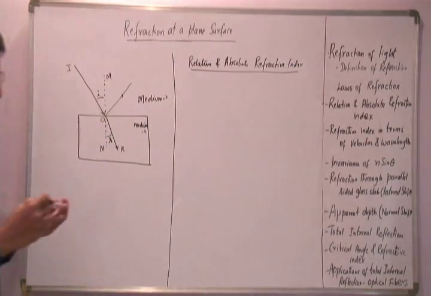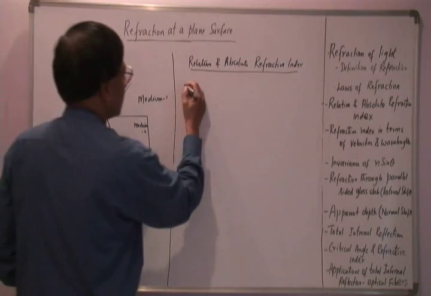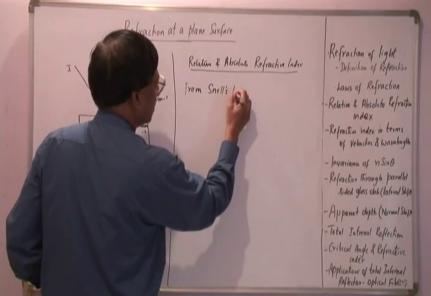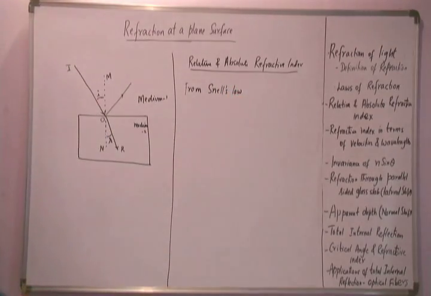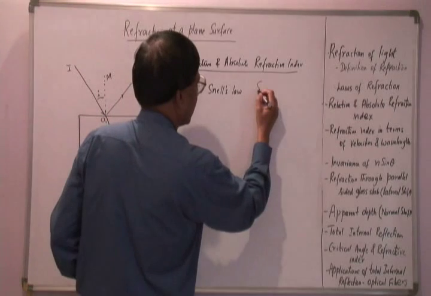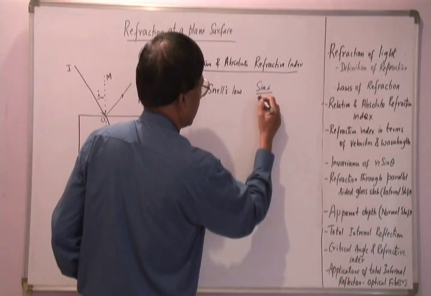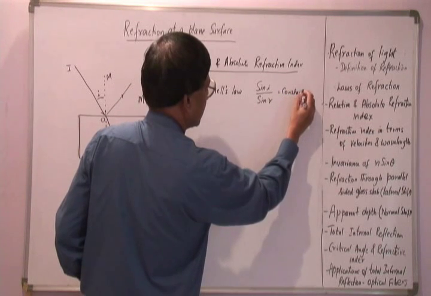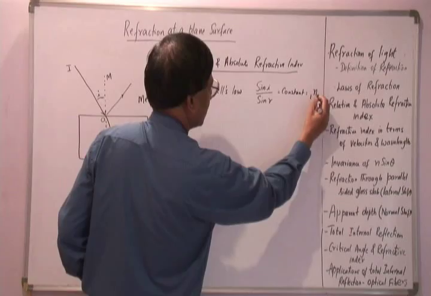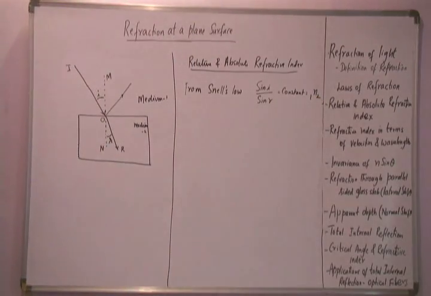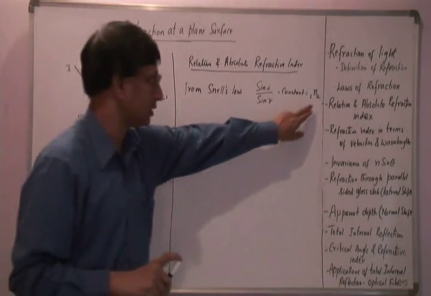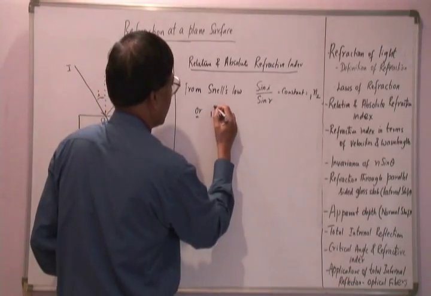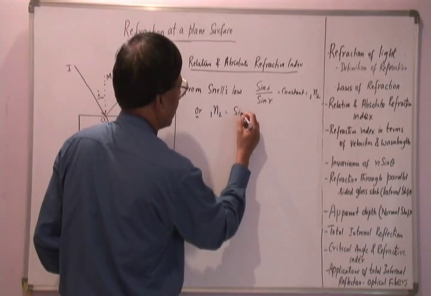Just now we mentioned that from Snell's law, or the second law of refraction, we know that sin I by sin r equals a constant. We call this constant 1 and 2. If we designate the constant as 1 and 2, then 1 and 2 is equal to sin I by sin r.